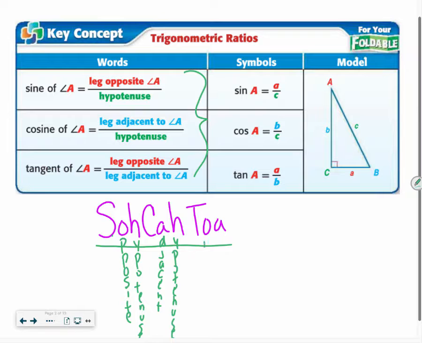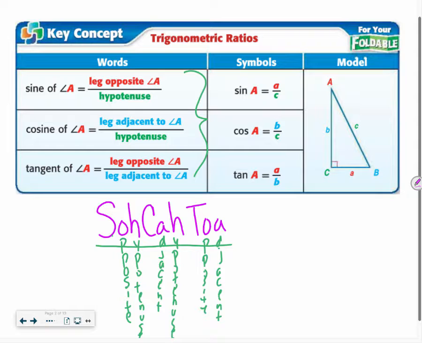And tangent is the opposite over the adjacent. Okay? Sine is opposite over hypotenuse, cosine is adjacent over hypotenuse, and tangent is opposite over adjacent.